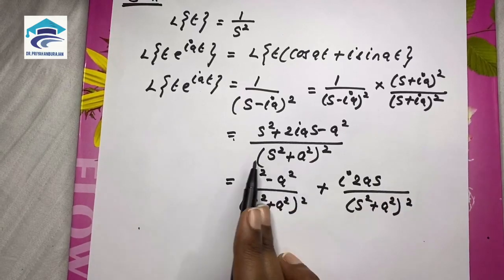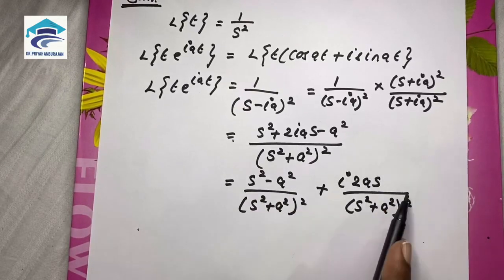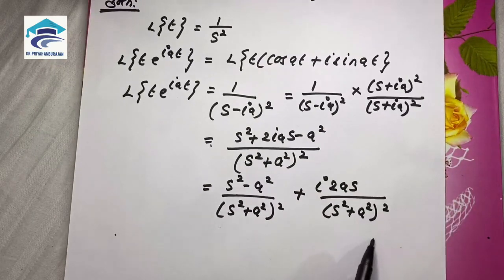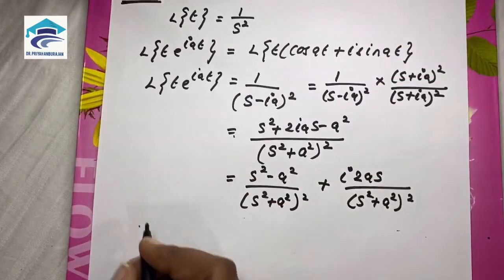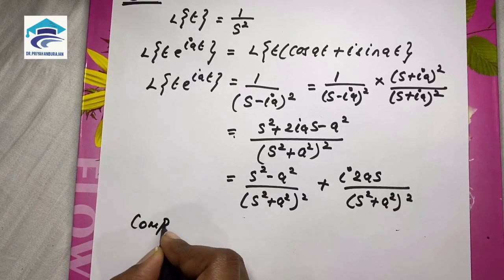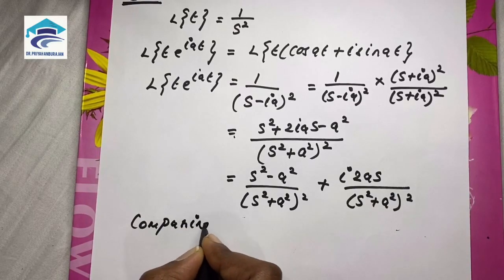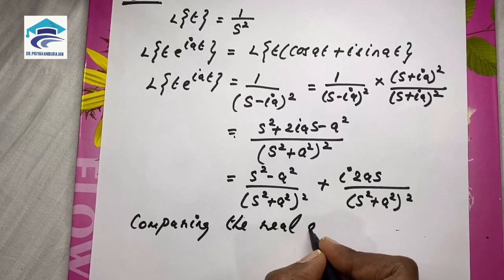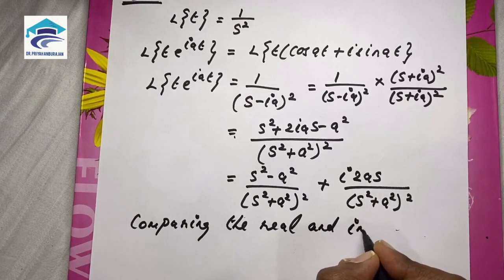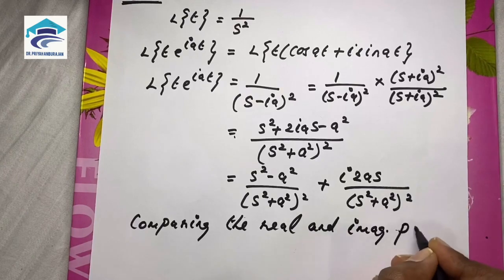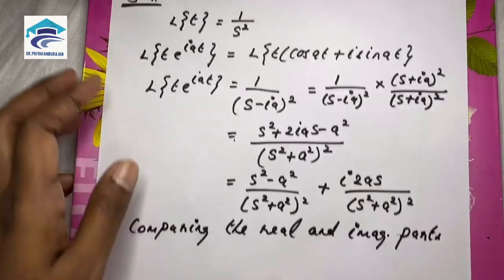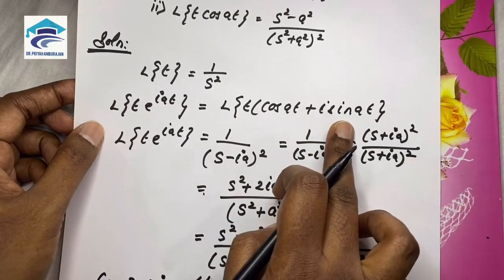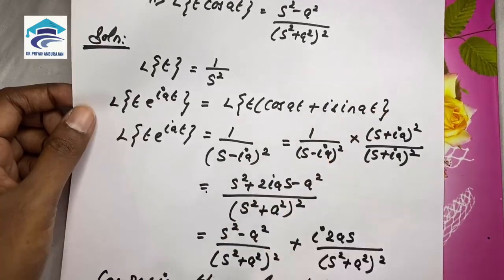So now I have a real part and an imaginary part. Now let me compare this and this, comparing the real and imaginary parts. What is the real part here? It is t into cos at. And what is the imaginary part? t into sin at.